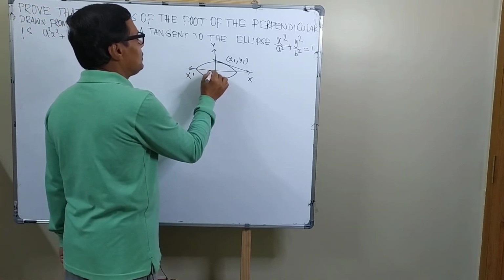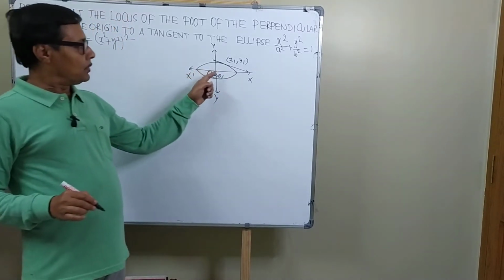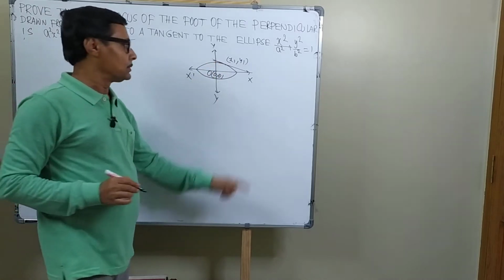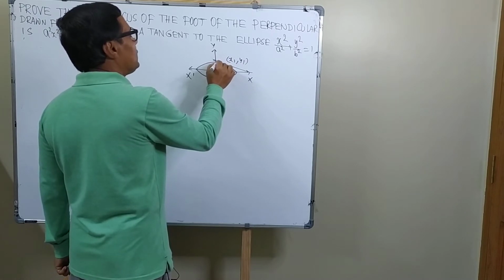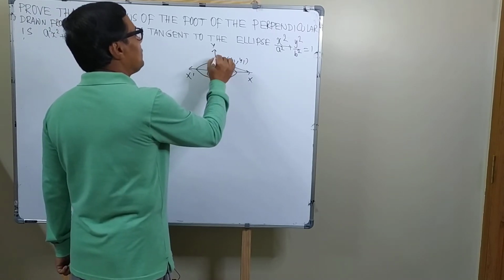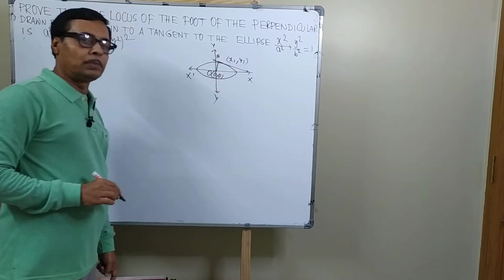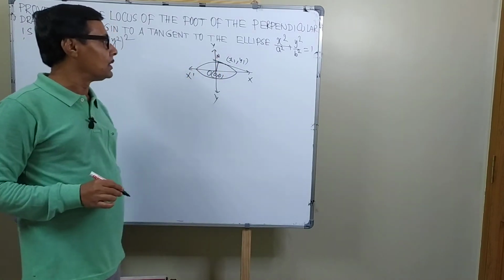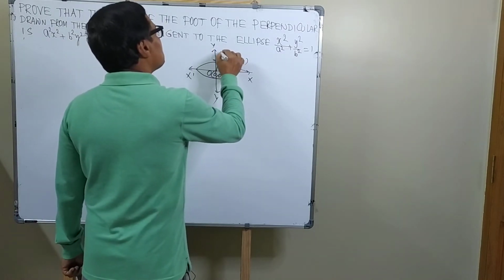Origin is O, whose coordinate is 0 0, and from the origin a perpendicular is drawn to the tangent. Suppose the perpendicular is this, that is ON. ON is the perpendicular. This N is the foot of the perpendicular. N is the point which is called foot of the perpendicular, whose coordinate is also taken as h k.